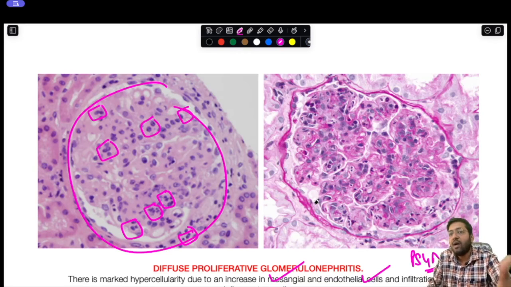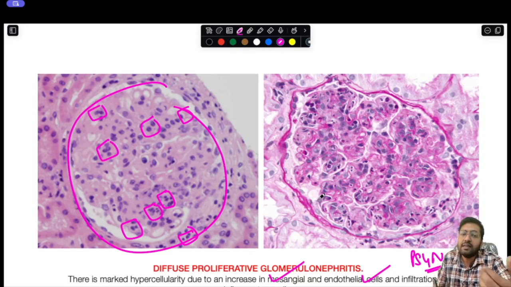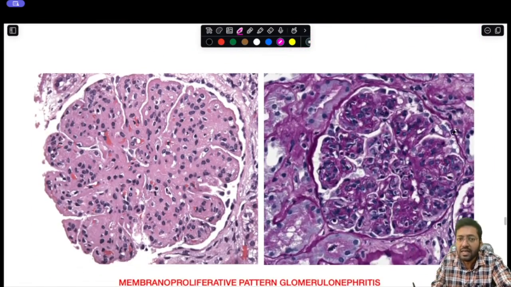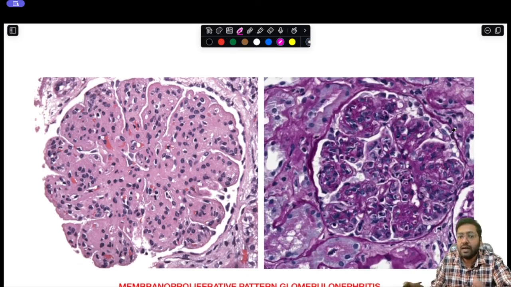So there is an increased amount of mesangial cells as well as endothelial cells in diffuse proliferative glomerulonephritis. So there is hypercellularity, an increase in the number of cells. The second basic condition wherein you are seeing this increased hypercellularity is the membranoproliferative pattern.